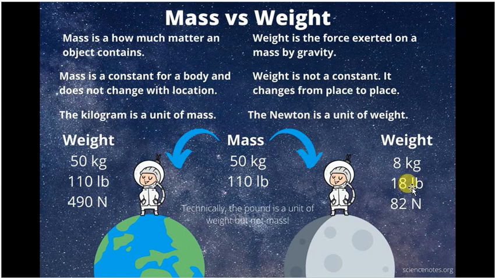Their weight is, let's say, 18 pounds, it says here, or 82 newtons. However, they both have the same amount of kilograms of mass. Their weight is different, but their mass is the same.